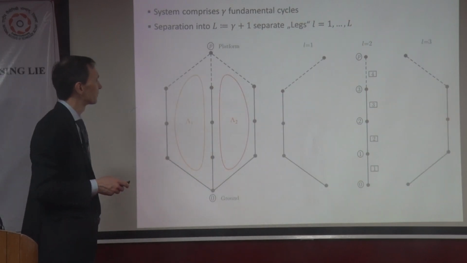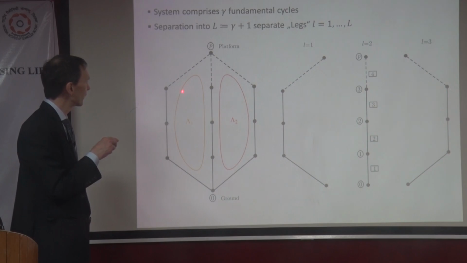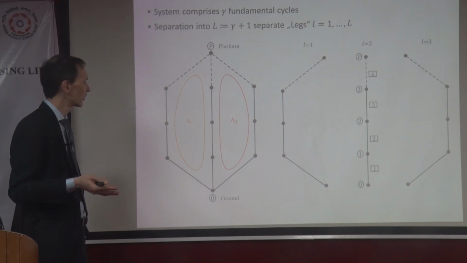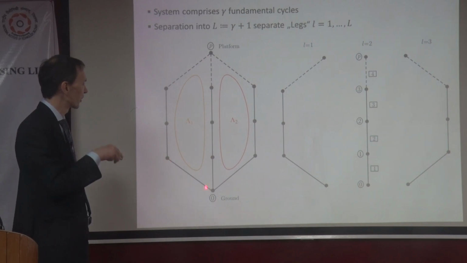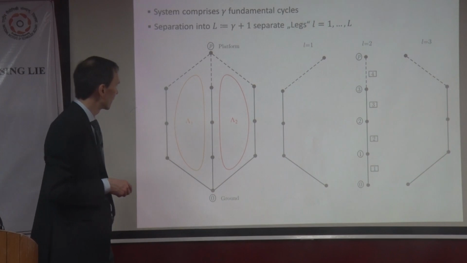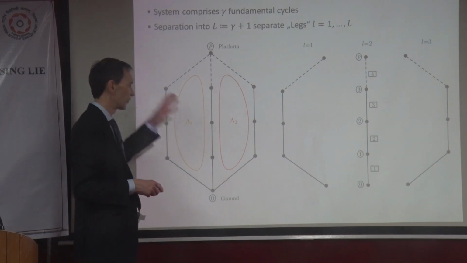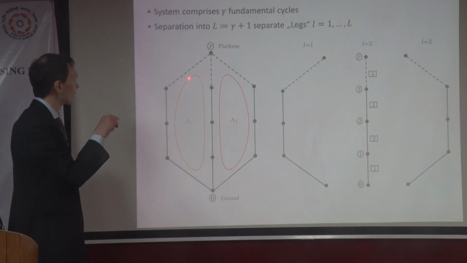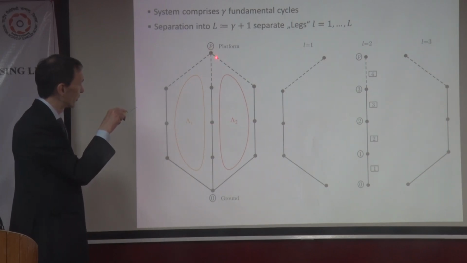Just maybe a bit more detail here. So now we have this for our PKMs with simple limbs. That means that we have just simple chains going from the platform to the ground. We have a certain number of fundamental cycles, and we can also always find or define the cycles so that we always include the platform vertex.